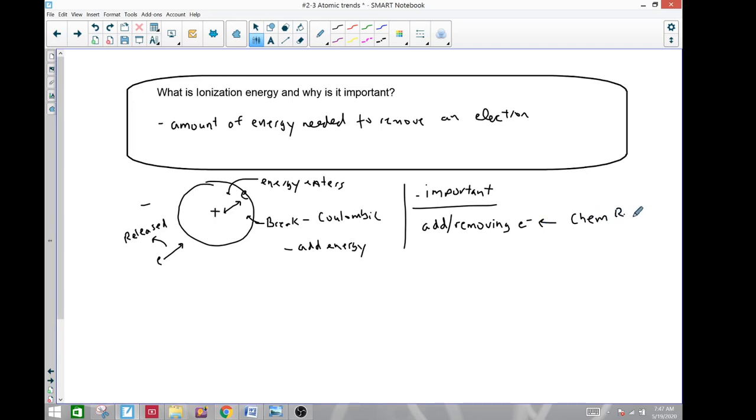So the easier you can do this process, the more reactive. So there's definitely a role of reactivity here. If you find an atom that doesn't want to gain or lose electrons, or it's very difficult to gain or lose electrons, energy-wise, then it will be very non-reactive. So there's a huge role of ionization energy in the role of reactivity in chemical reactions.